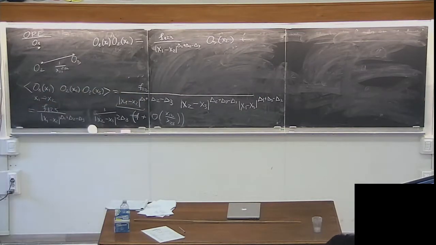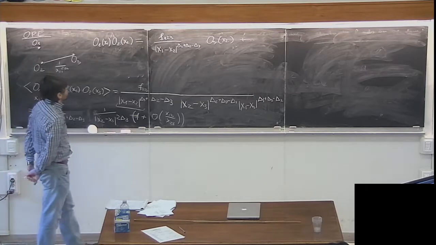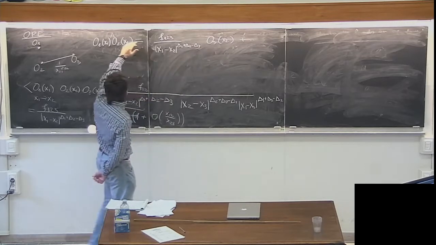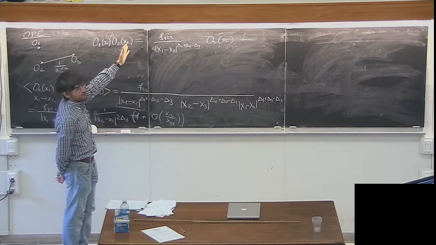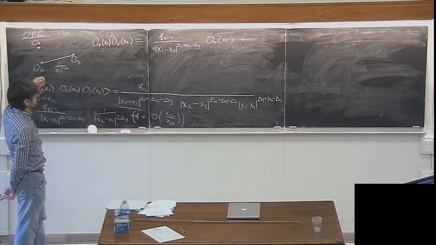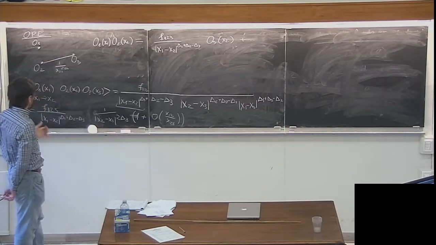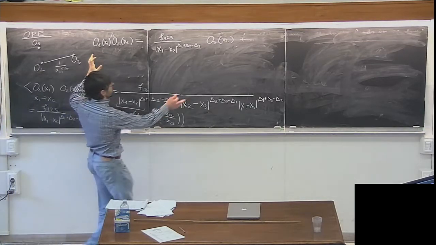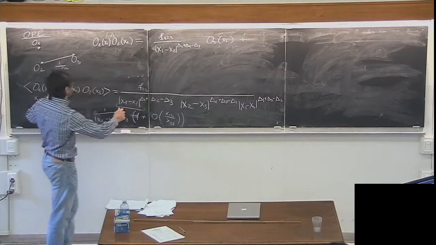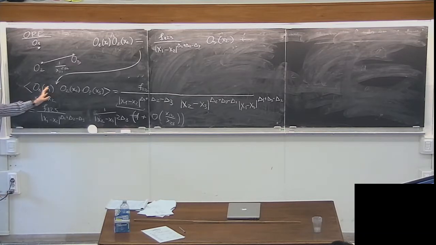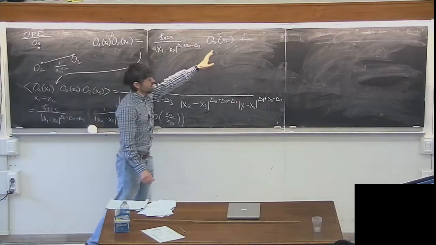So I'm saying here that in the limit when x1 goes to x2, I can replace the product of two operators by an operator instead at one of these two points. I chose here the point x2 for definiteness. The way this OPE works is that I take this expression and stick it into the 3-point function, replacing the operator product by the right-hand side.